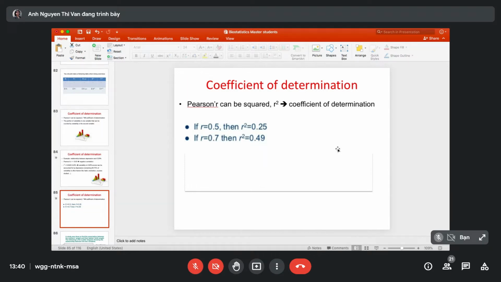Because R is positive, they have a positive correlation. It means when one variable increases, the other will increase, and inversely.